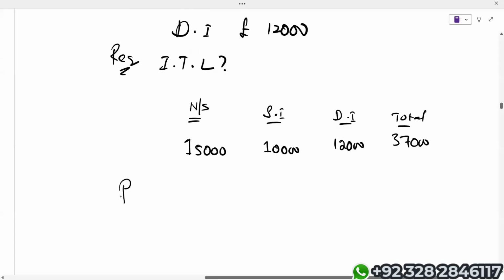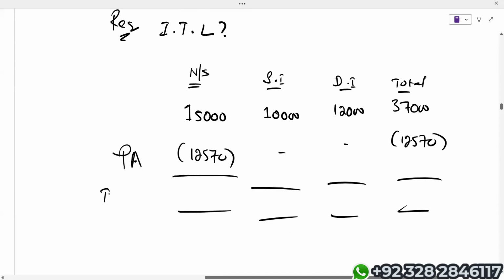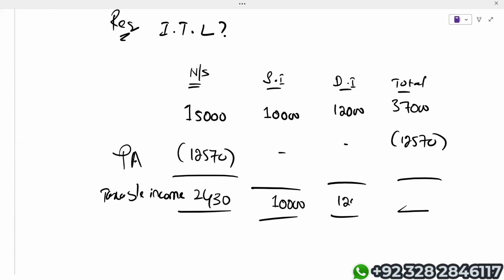Personal allowance 12,570. 15,000 minus 12,570, I'm getting 2,430. Then 10,000 plus 12,000.